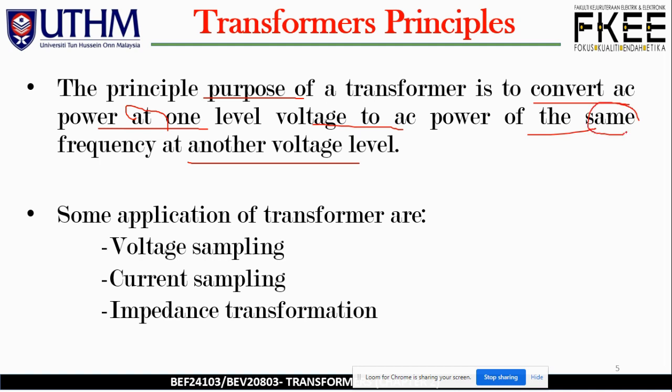We have the same frequency, for example, whereby at the same time the transformer itself is able to convert AC voltage at one level to another, whether step up transformer or step down transformer. Some applications of transformer are voltage sampling, current sampling, as well as impedance transformations.